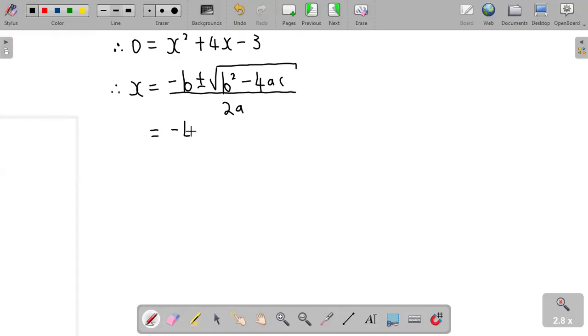And then negative 4 plus or minus the square root of 4 squared minus 4, and then minus 3, all over 2a.